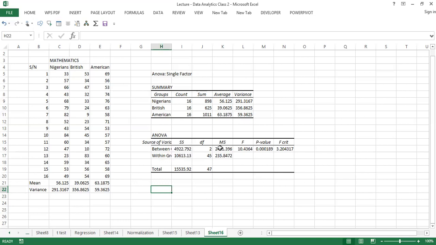So here, the main thing we are looking at is the p-value, okay, which is based on the F statistics anyway. The p-value says what? 0.0001, which means generally there's statistically significant differences between these scores, these averages, right?